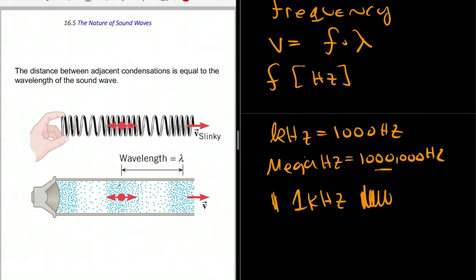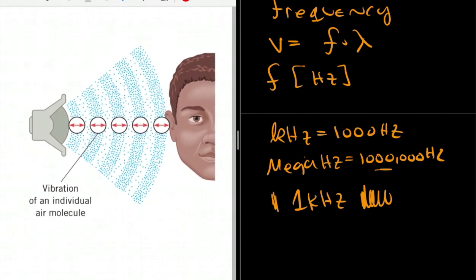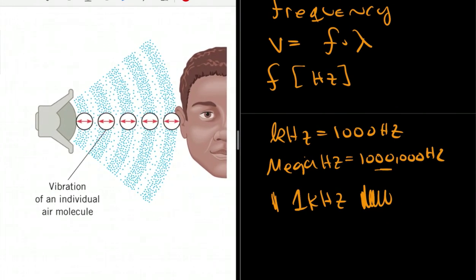Here this shows you that any two repeating points, in this case for a sound wave, represent the wavelength. Another thing is, how do you perceive something to be high pitched or low pitched?